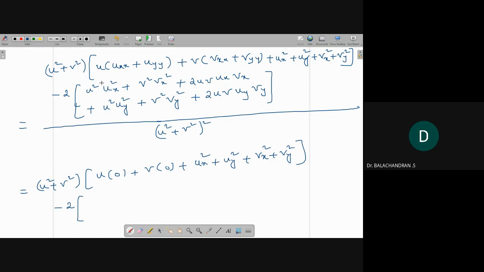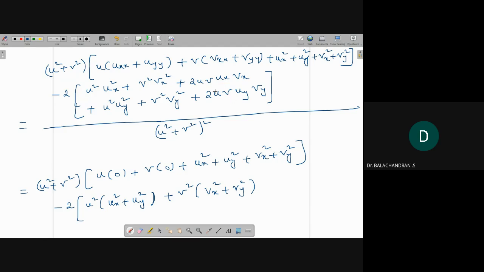First add these two. Here u square is common, so if I take u square, remaining you have ux square plus uy square. Similarly, if you take v square common, vx square plus vy square. So here, just keep as it is.